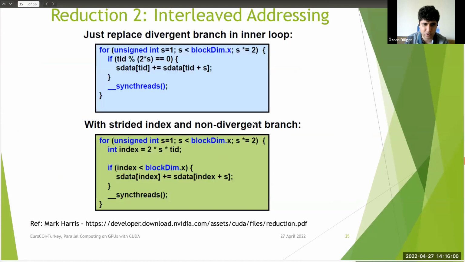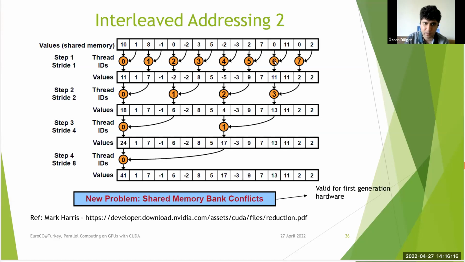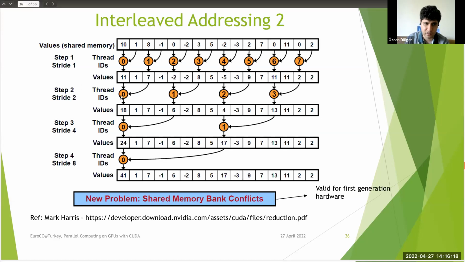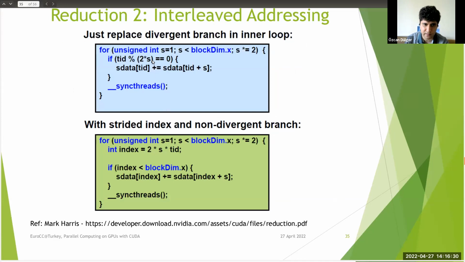In the second approach, the consecutive threads are active here: thread 0, thread 1, thread 2, thread 3, thread 4, thread 5. So the threads in the same warp are active, and we eliminate warp divergence. Again, in the second iteration, thread 0, thread 1, thread 2, thread 3 are active. So we eliminate warp divergence, and by using the strided index, we eliminate the modulo operation.